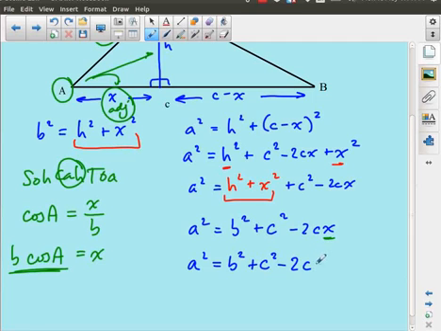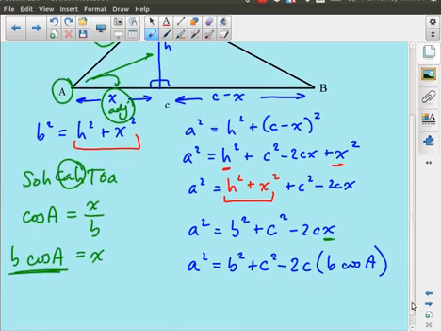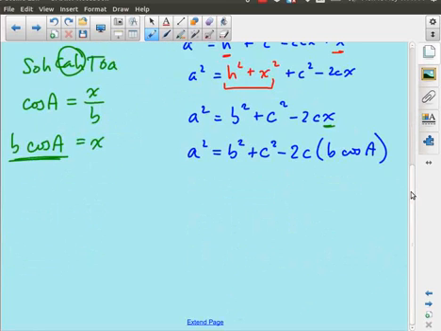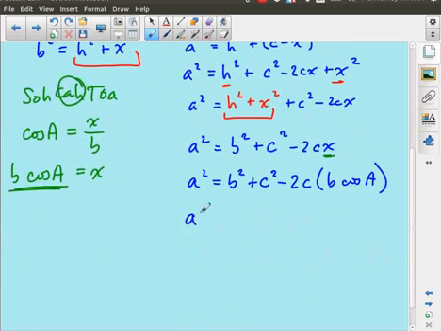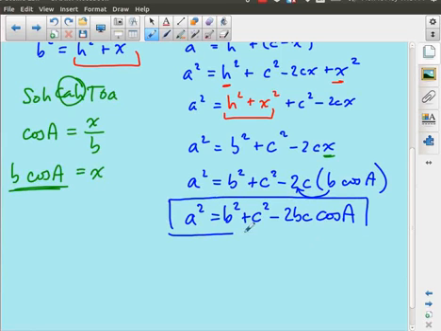Well, I'll do it in two steps. 2c, and then instead of x, I'm going to write b cosine A. And just to write it in a better order, a squared equals b squared plus c squared minus, I'm going to bring this b in front of the c, so I'll write that as 2bc cosine of A. And that is the cosine law for the side A, angle A relationship.